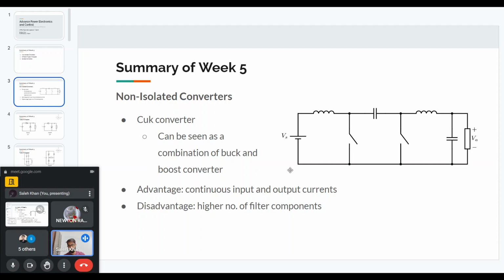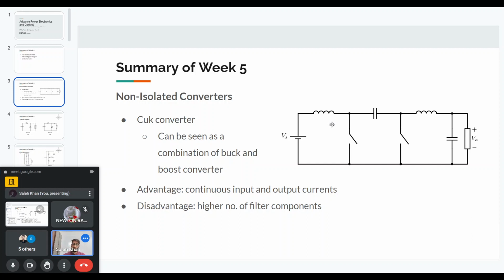On the input side, it has the structure of the boost converter: an inductor and then a switch. On the output side, it has the structure of a buck converter: an LC filter and then a diode. If these two are combined, we can have an intermediate capacitor and we get a Cuk converter.